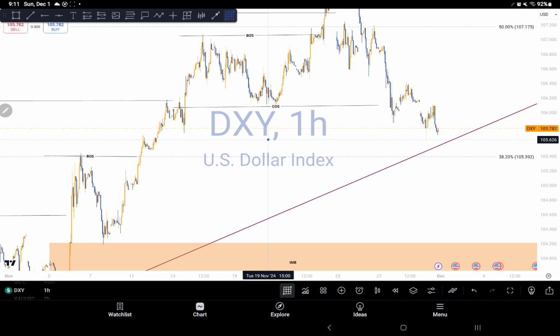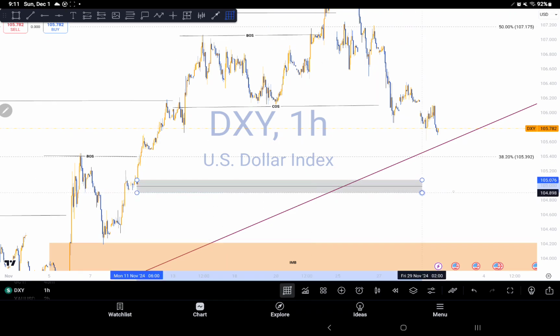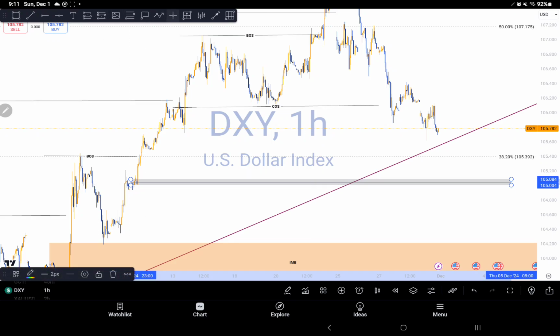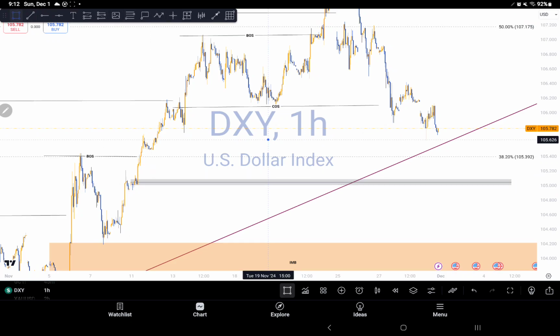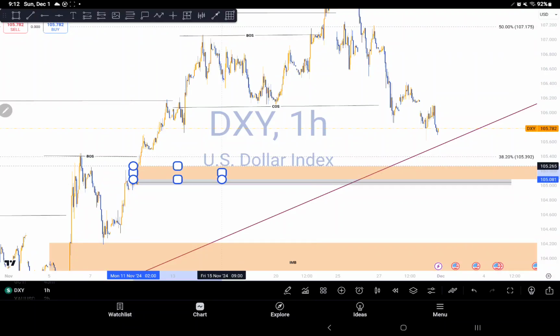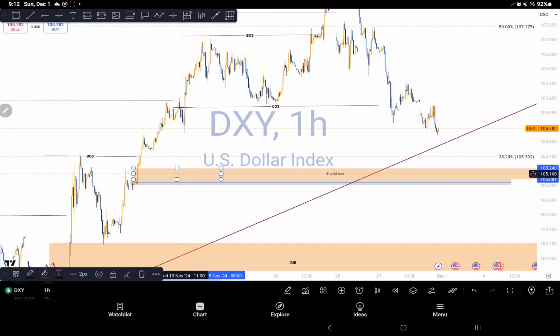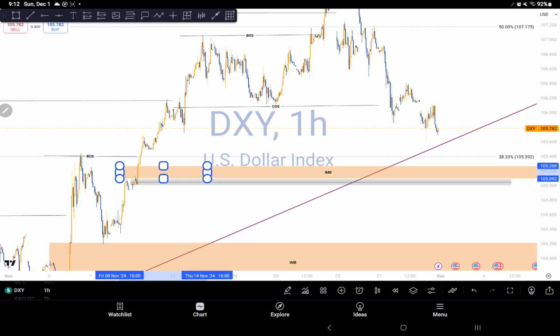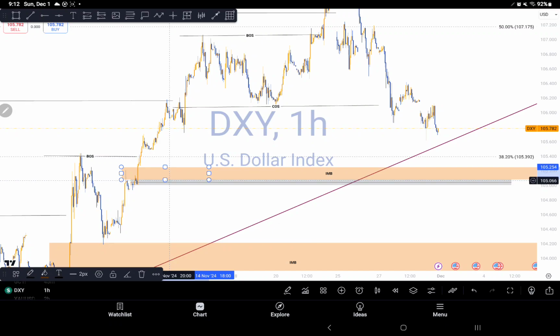Because we have a small order block here that we might reject from. Yeah, we have an order block, and there is also an imbalance playing around that area as well.